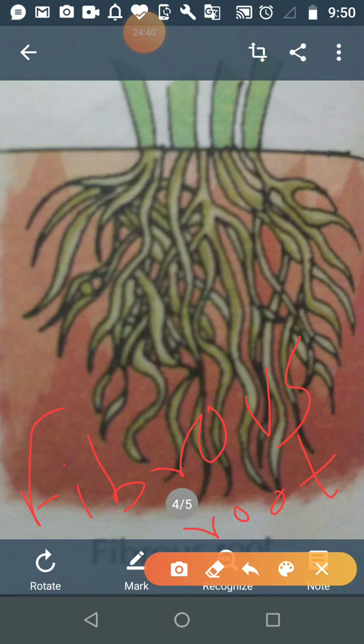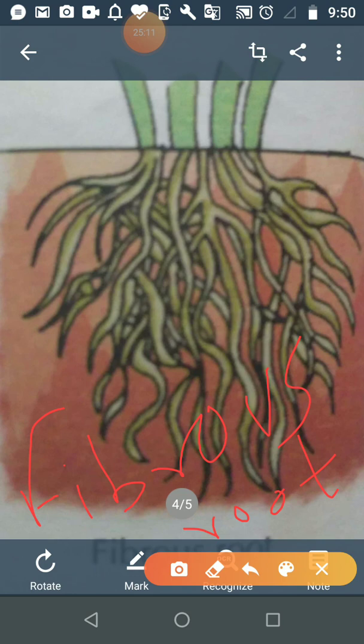Plants need water for their growth. Roots absorb water and nutrients from the ground and transport it to the stem. Now student, I explain you the second function of the root. It is one of the most important functions of the root.